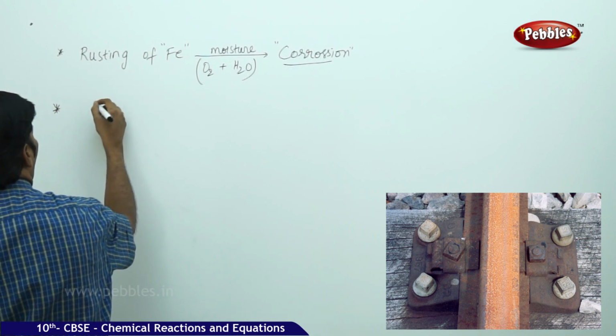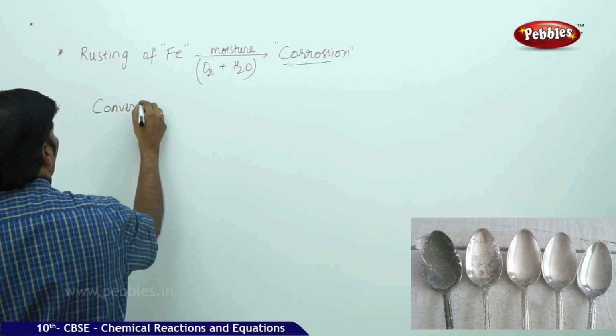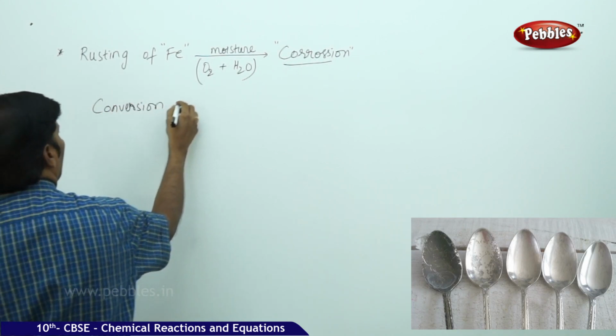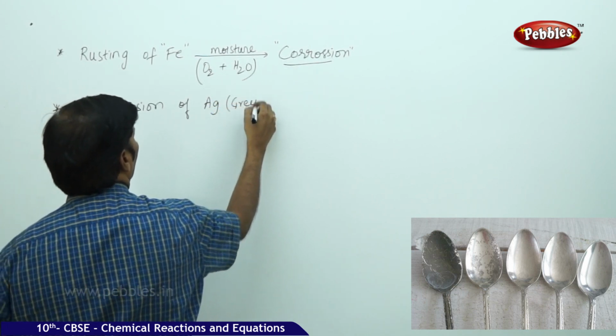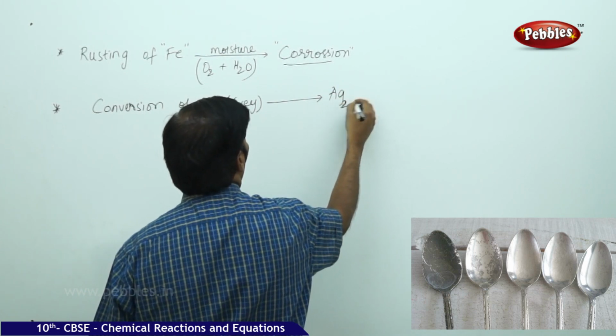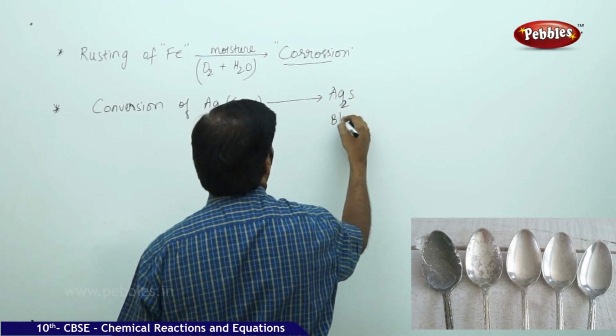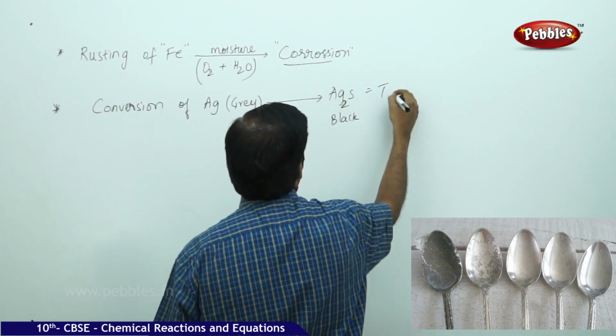Then conversion of silver, which is grey, to Ag2S, that is black, we call this process tarnishing.